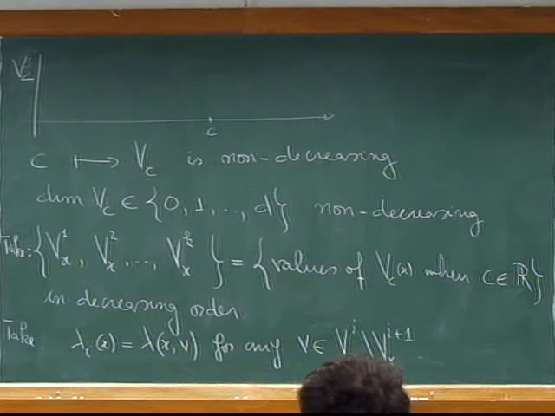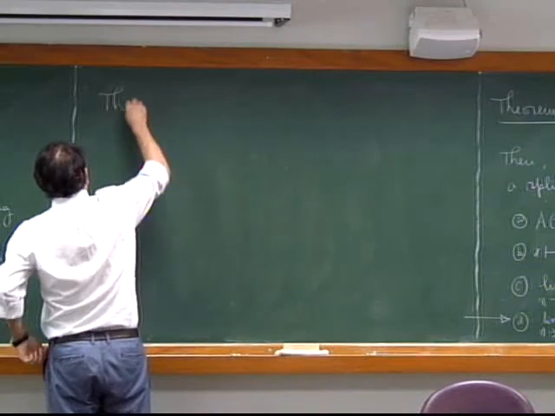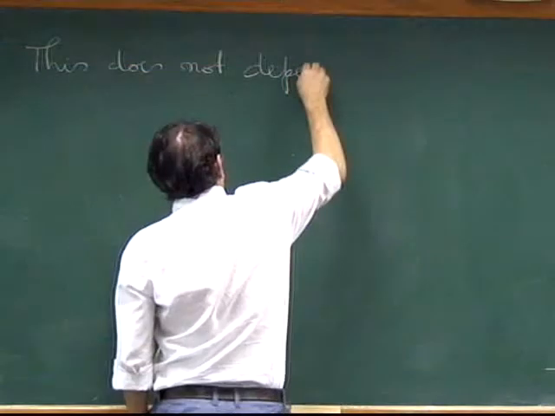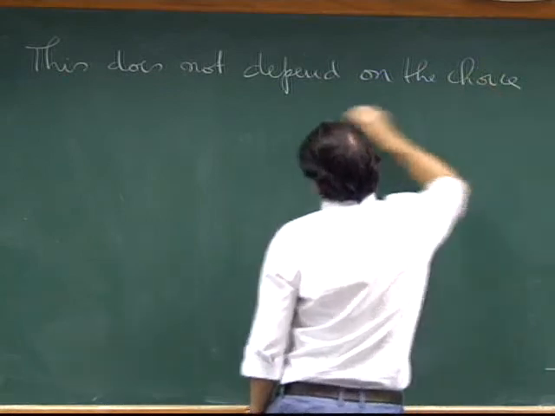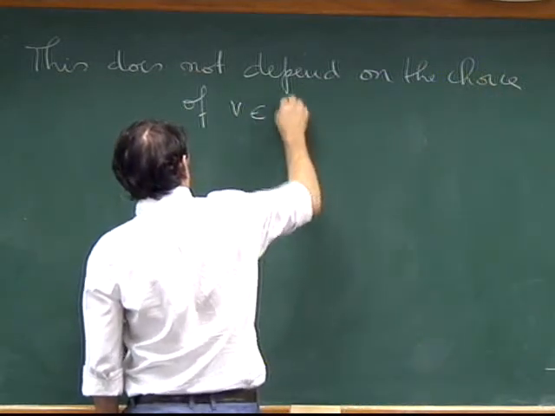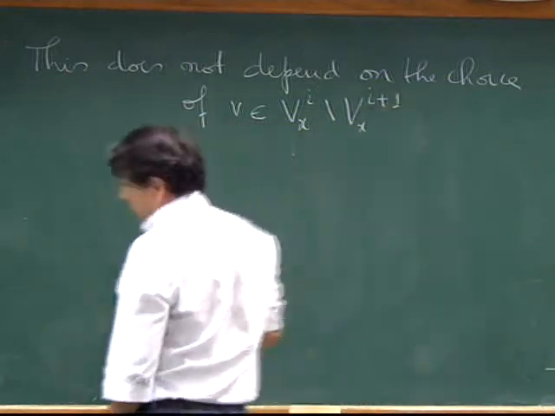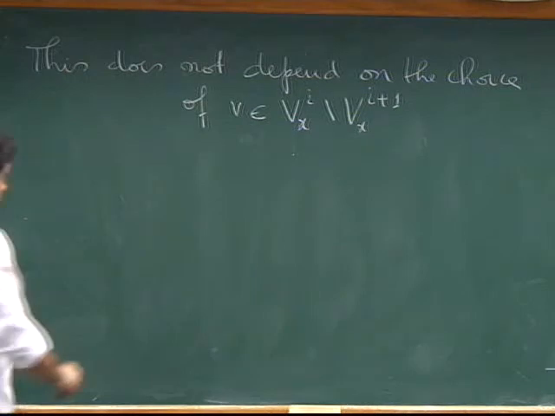Now, of course, I have to explain that this does not depend on the choice of v in the difference. Right? I'm saying here for any v in the difference, I have to explain that it does not depend on which vector I take in the difference. Why is that? Suppose it depended.